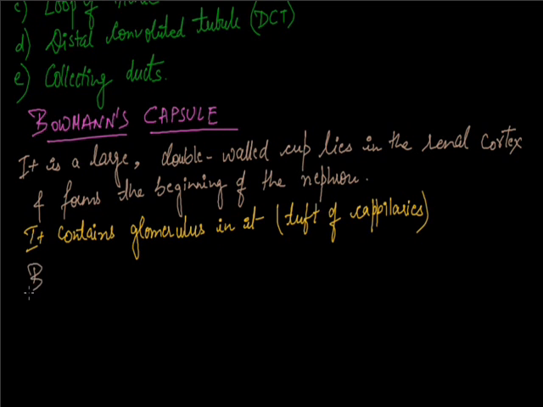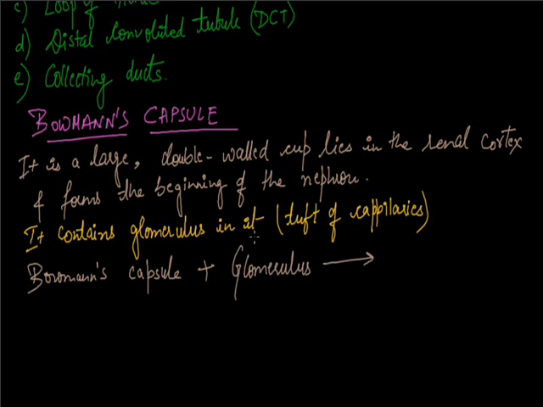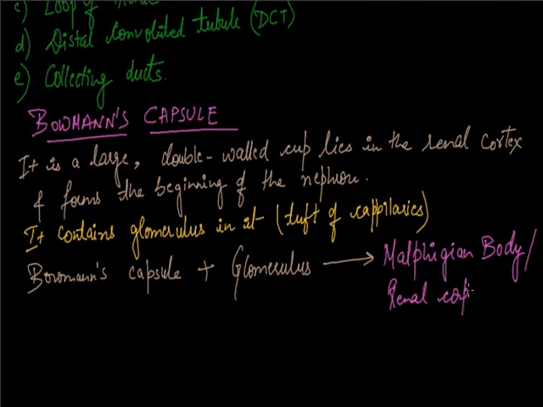Next, the Bowman capsule with the glomerulus together are called Malpighian body or renal corpuscles.